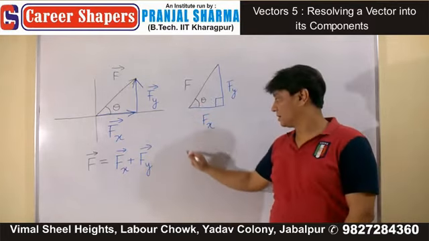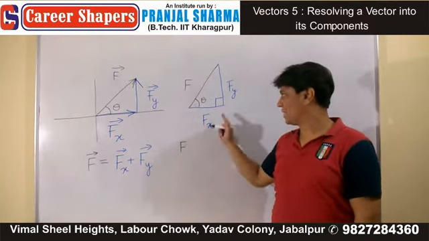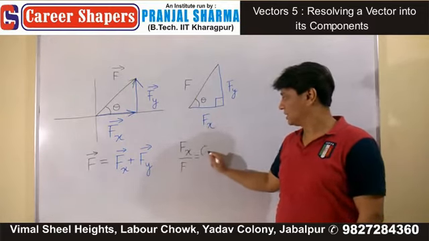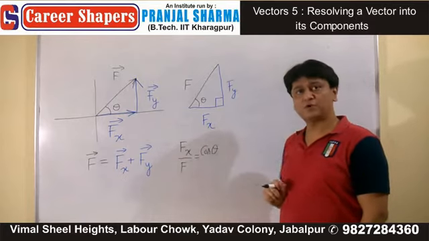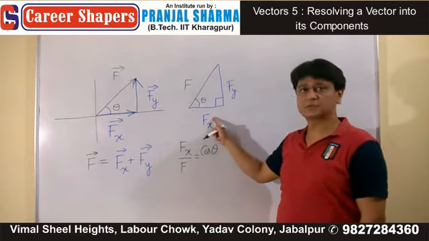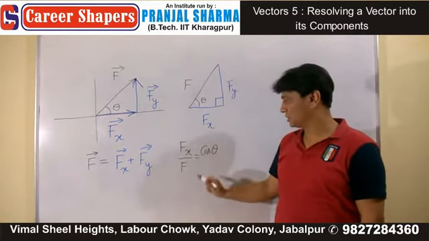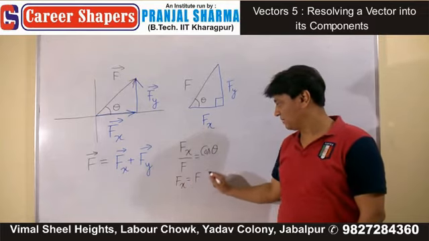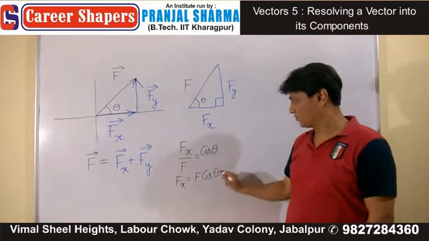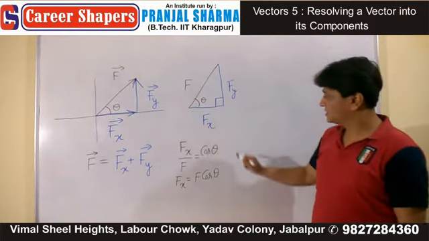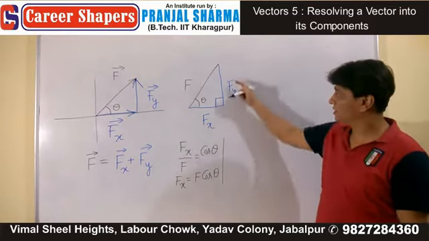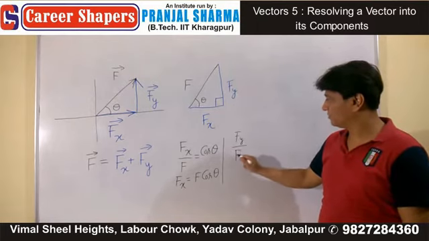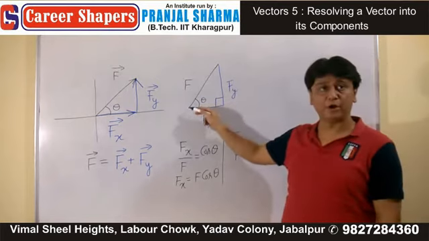And then simple geometry: Fx divided by F is coming cos of theta. Base upon hypotenuse is what? Cos. This gives us Fx as F multiplied by cos theta. Similarly, this Fy upon F, perpendicular upon hypotenuse is what?